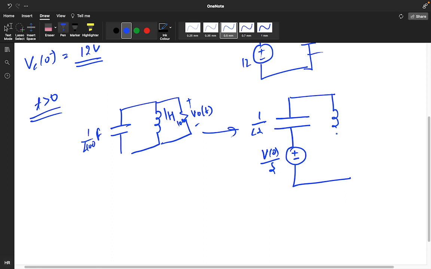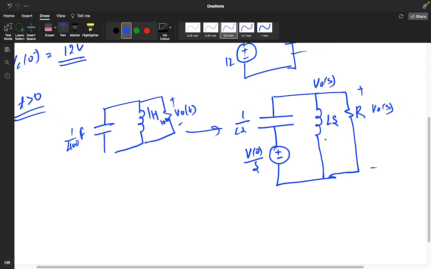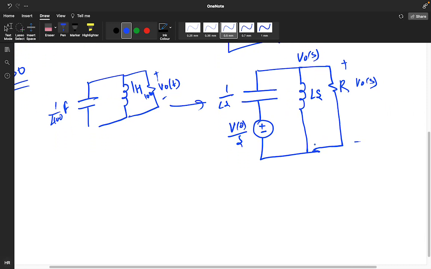And there is no initial condition for the inductor, so I am writing directly Ls, and this particular is R. For finding the value of this positive negative, I am assuming it as V naught of s. So how will you get the V naught of s value?